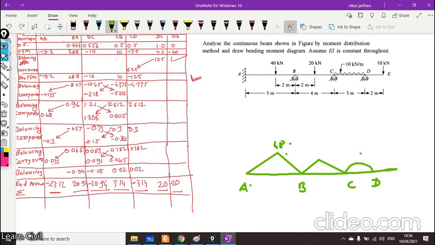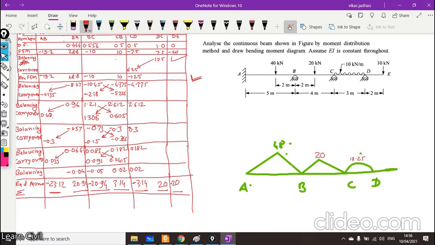Now we'll be taking up the values of fixed end moment or support moment. Okay, now you can see here for this span AB, the end moment is minus 23.12. So write down here minus 23.12. Sorry, this value was, I think, 11.25.